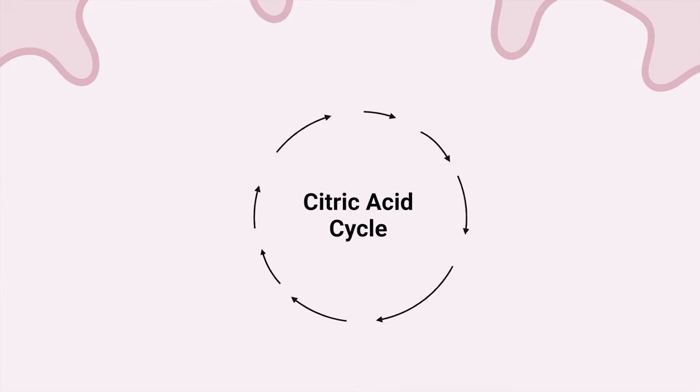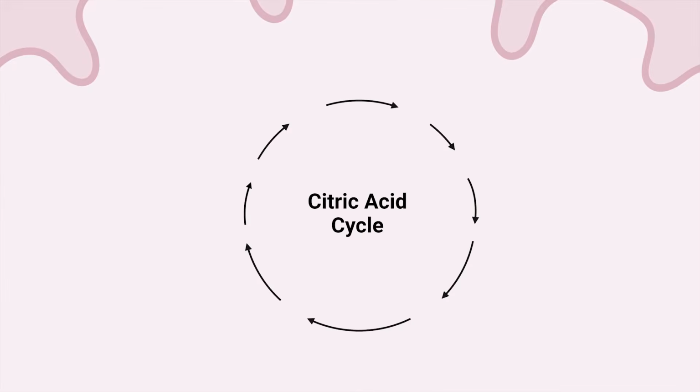So, let's take a look at this cycle and just highlight the key important events that we want to take away from it. Well, the first actually is when the acetyl-CoA enters the cycle because it's joined to a 4-carbon compound called oxaloacetate. And what that gives you is citric acid. Citric acid cycle, right?